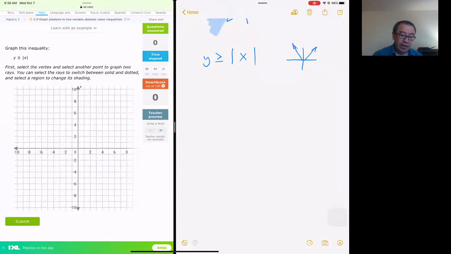If not, you can look at it as our form that we mentioned before, m times the absolute value of x minus h, plus k, where h and k give the vertex. Do we have an h value, and do we have a k value for this problem? No. So x minus 0, that's my h, and plus 0, that's my k.